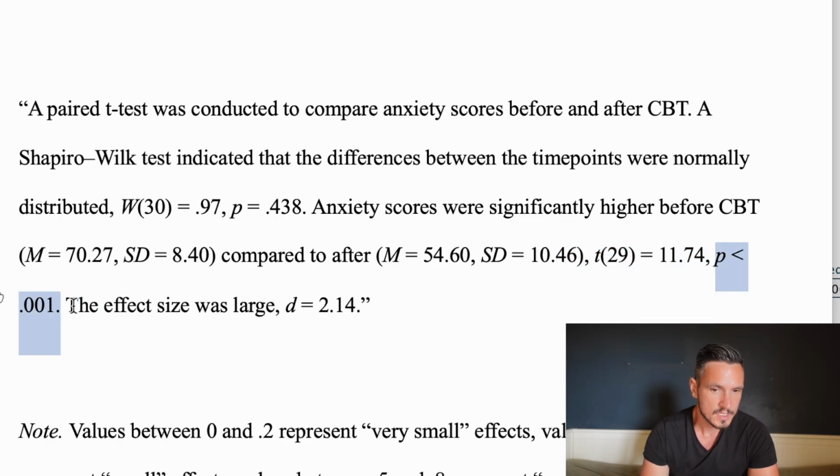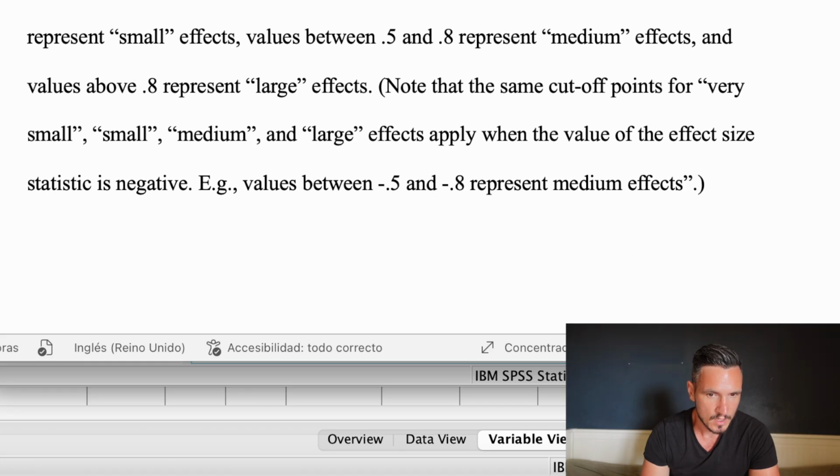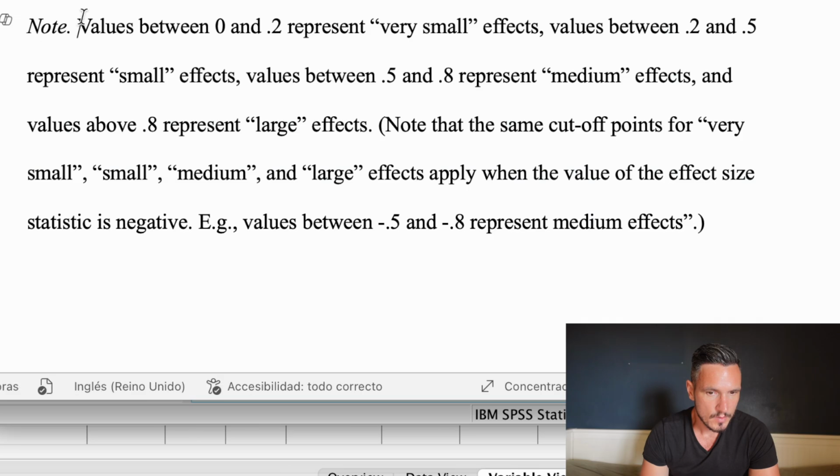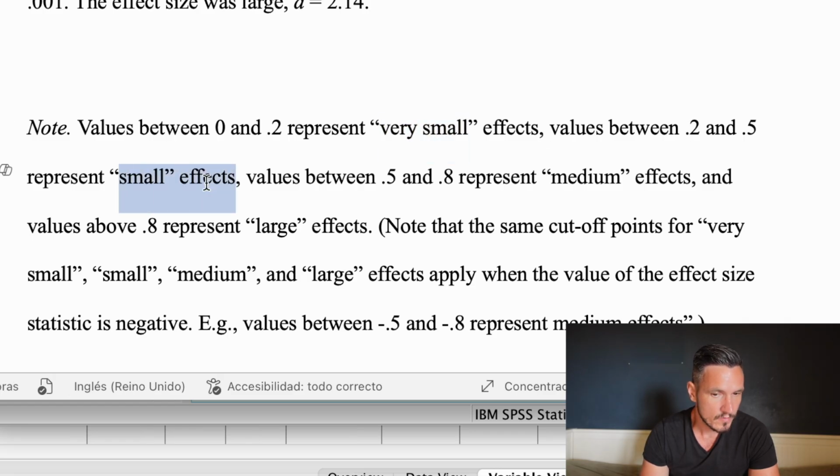Finally, we have this sentence that says the effect size was large, and we've reported a Cohen's d value of 2.14, and we've said that it was large based on these criteria here. So values between 0 and 0.2 typically are considered very small effects. Those between 0.2 and 0.5 are typically considered small effects.